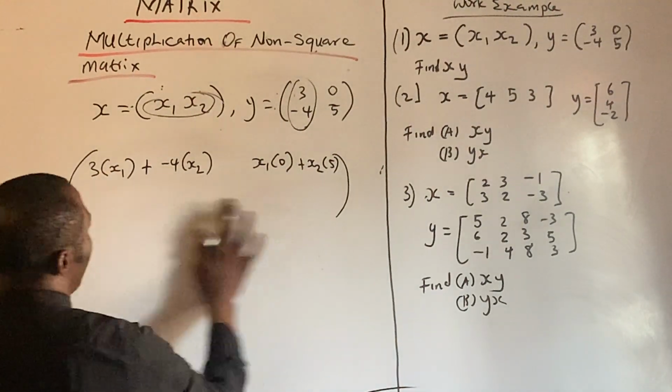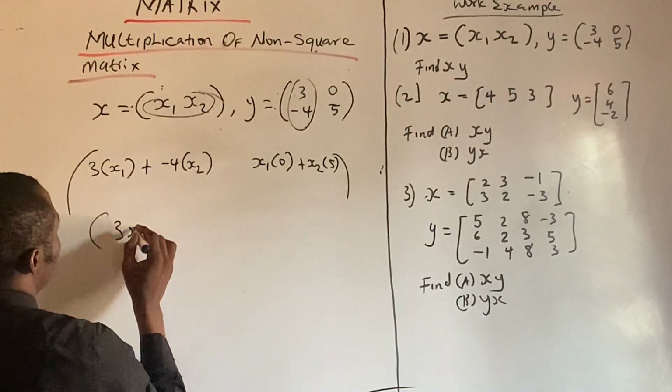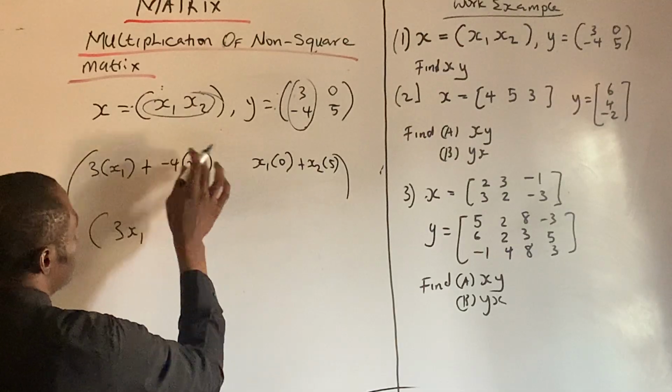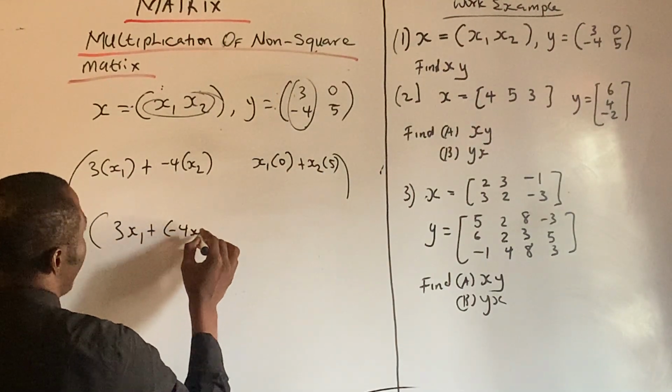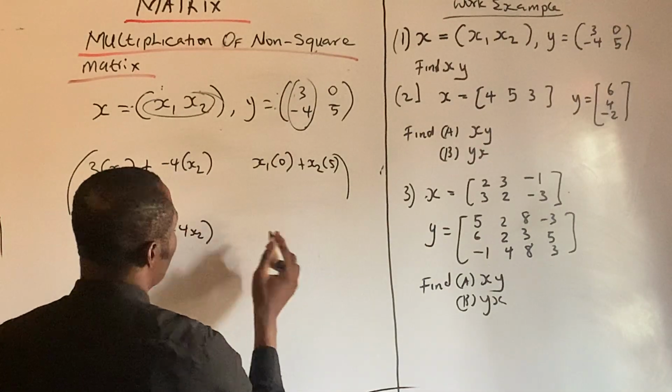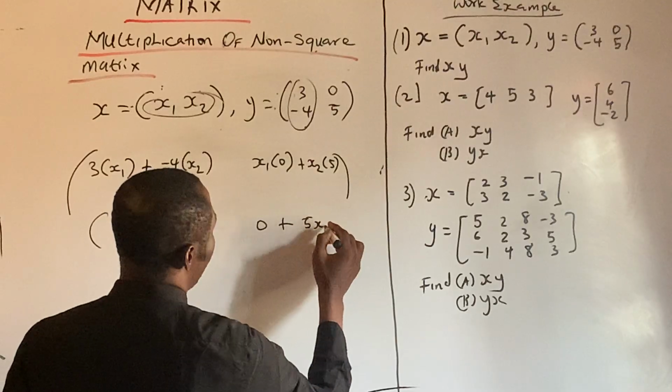Now let's reduce the equation. This times this will give me 3x1. This times this will give me plus minus 4x2. This times this will give me 0, plus this times this will give me 5x2.